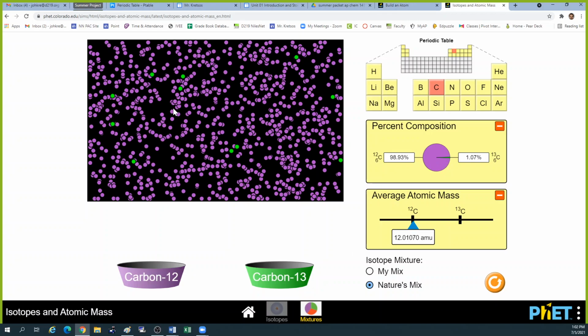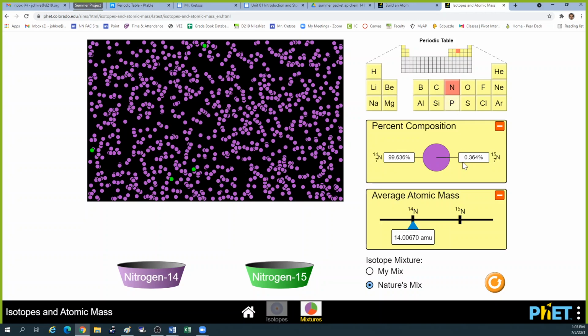So most of it's carbon-12, and there's just a little smattering of carbon-13 that raises the average. There's some other trace elements as well, but for the most part, this gives you the reason why the average atomic weight is so close to 12. What about nitrogen? Again, nitrogen is almost all one type, nitrogen-14, and there's a smattering of 15 that brings the average slightly different.